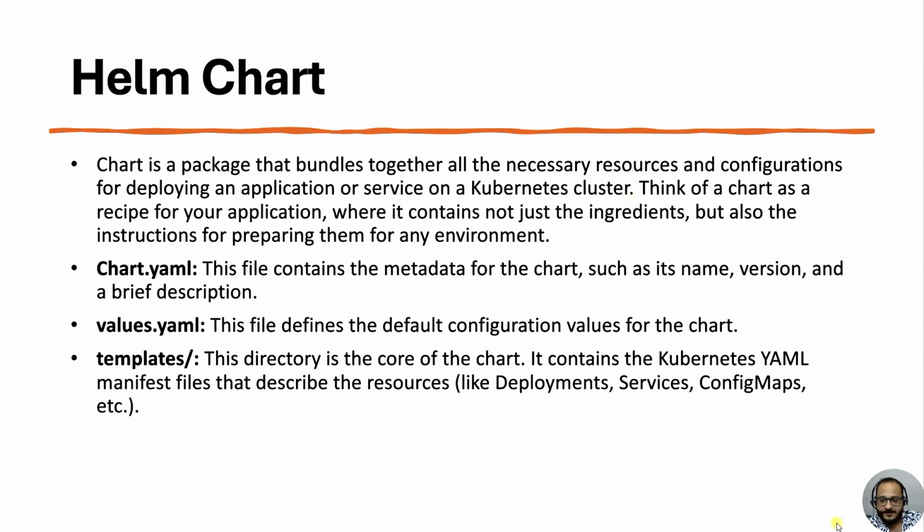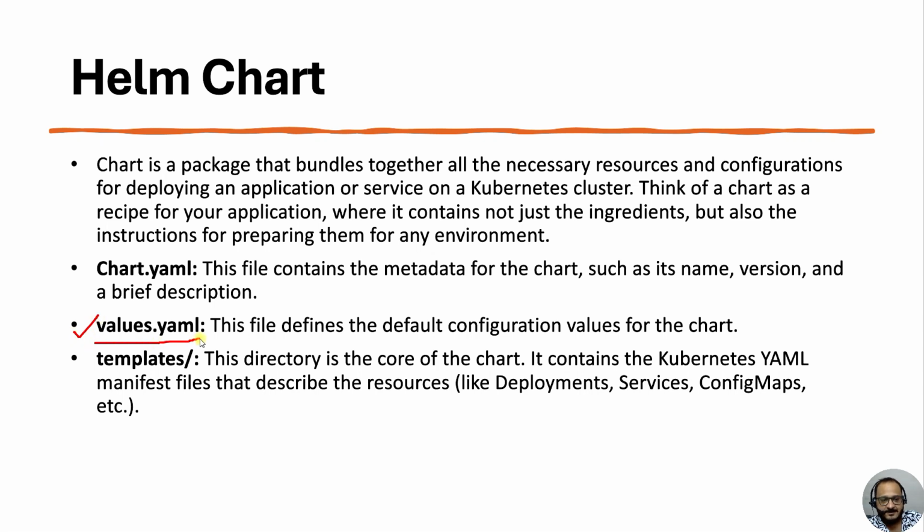There are basically three important parts under a Helm chart. The very first is Chart.yaml, another file is values.yaml, and the third is templates. Under the Chart.yaml file, we specify our metadata, maybe the name of the application, version, and a brief description about the chart or application. Then we have the values.yaml file.